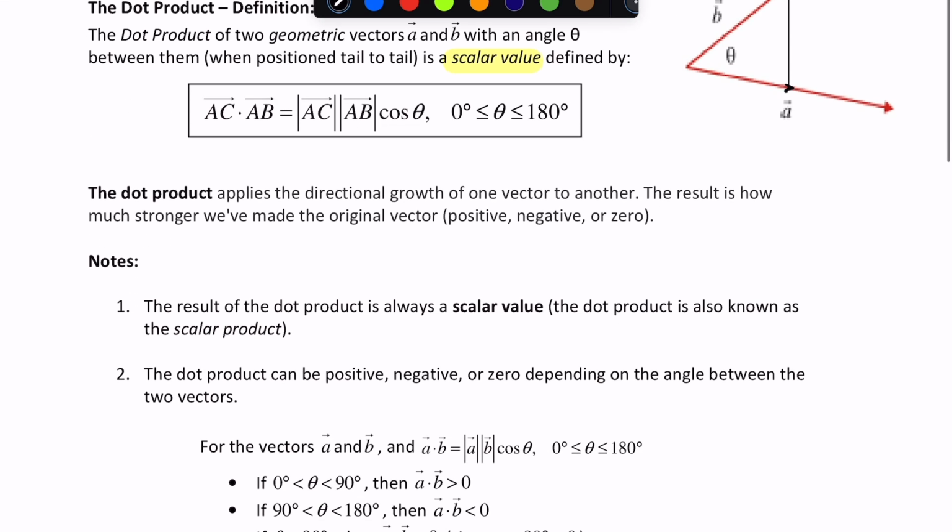Again, the dot product applies the directional growth of one vector to the other. The result is how much stronger we've made the original vector. Again, positive, negative, or 0.